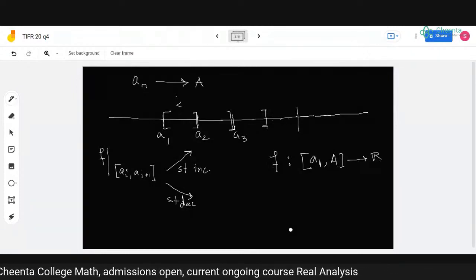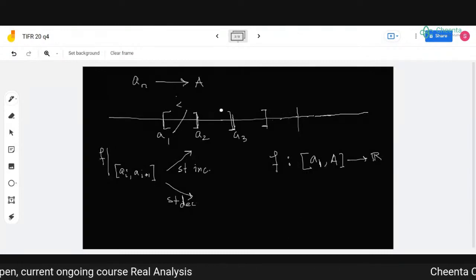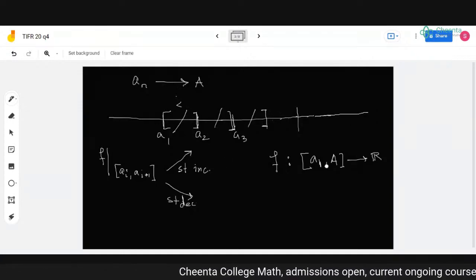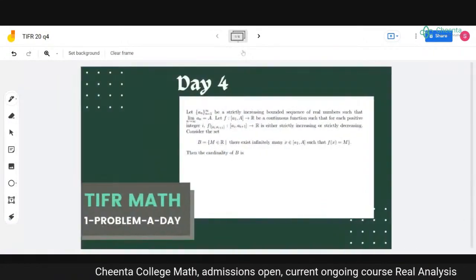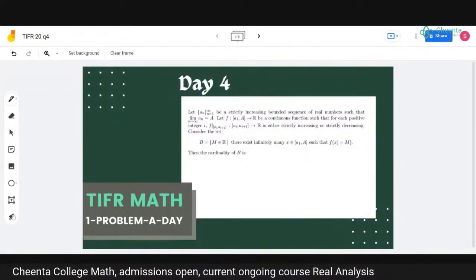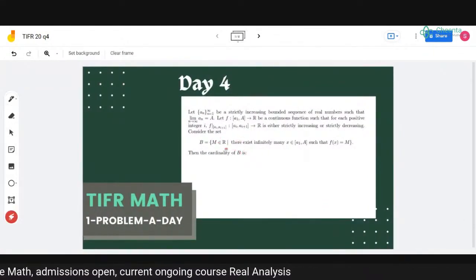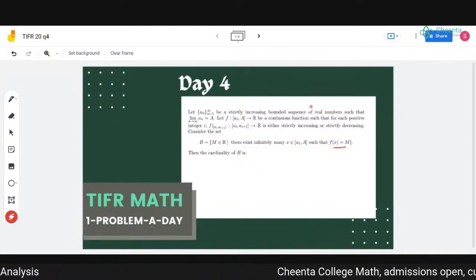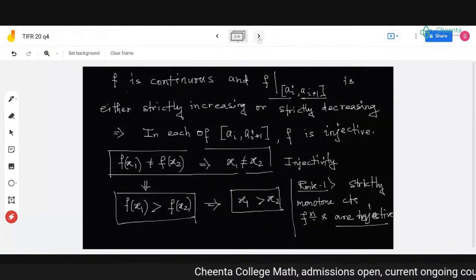If the function is entirely strictly increasing from (a1, a) to R, then in these intervals it will have to be strictly increasing as well because it is entirely increasing. Now if you look at the set that we have to find, it's the collection of all such m such that there exist infinitely many x such that f of x equals m, right?